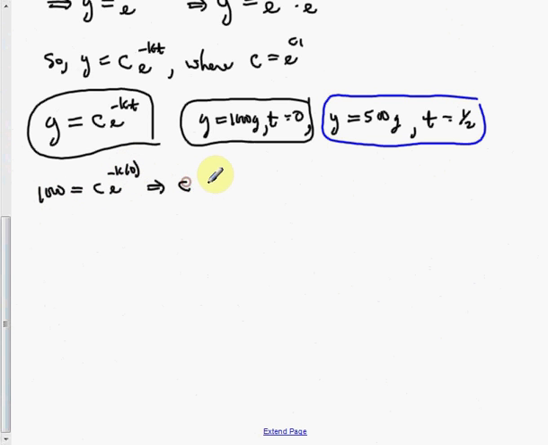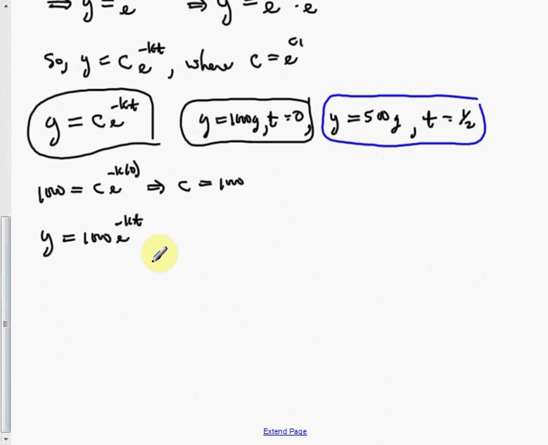So with c equaling 1,000, we have y is equal to 1,000 times e to the negative kt. Now we can find the constant k by using the second initial condition, that y is equal to 500 and t is equal to 1/2.